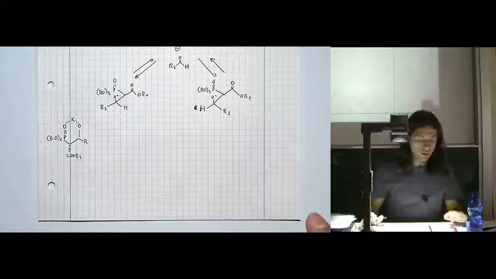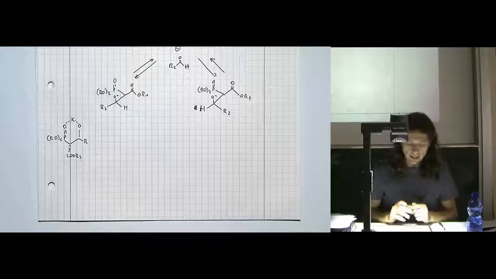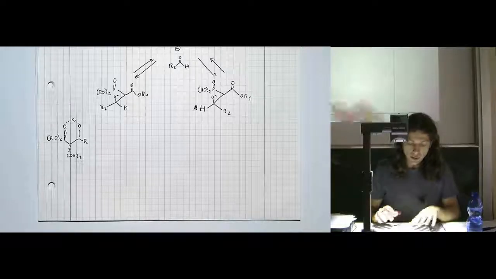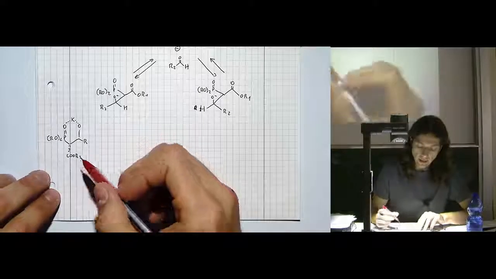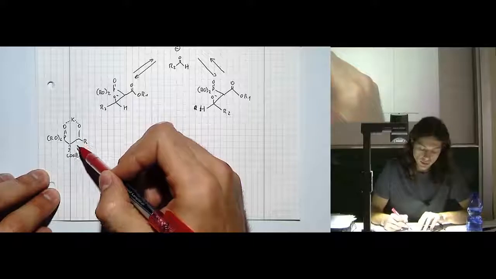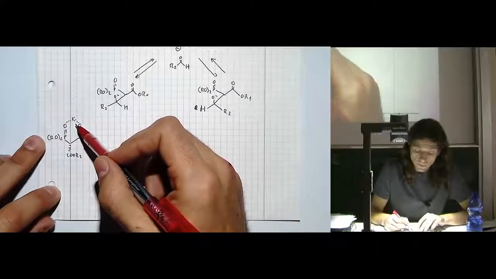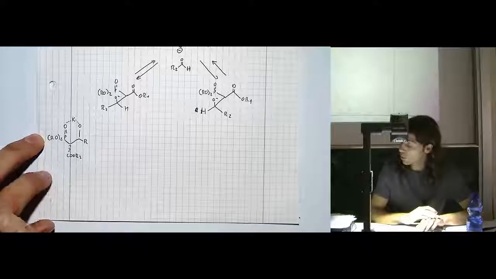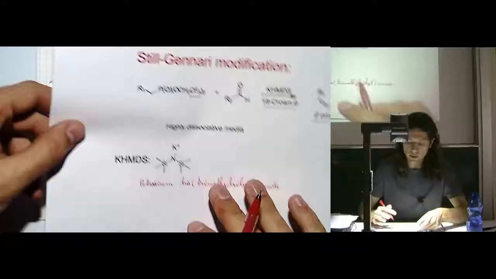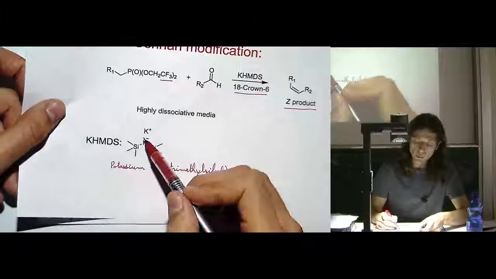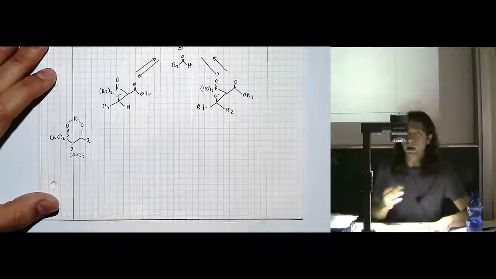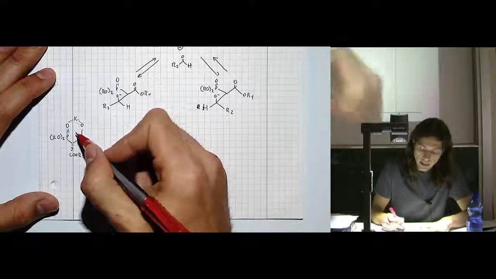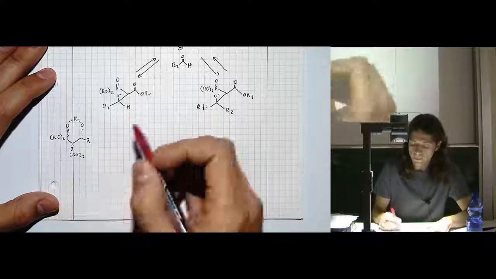So now the modification is coming here. If you remember, in the Horner reaction we had an intermediate in which the counterion from the base was quite important. Now in this modification, the potassium is the counterion of the base. The counterion could, the same as it was doing for the Horner reaction, stabilize this beta-oxido type derivative.